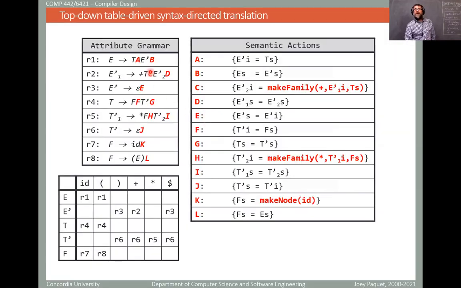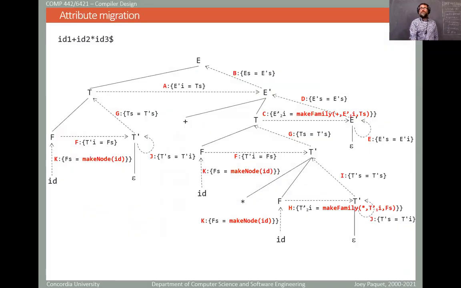So here we go, and describing here, this is our good old grammar for the expressions. What we did here is basically introduce new symbols that are in red here. And what these symbols are doing, they're essentially doing exactly the same operations as we saw when I described before the attribute migration, when I described, for example, the recursive descent predictive parser operation for the syntax-directed translation.